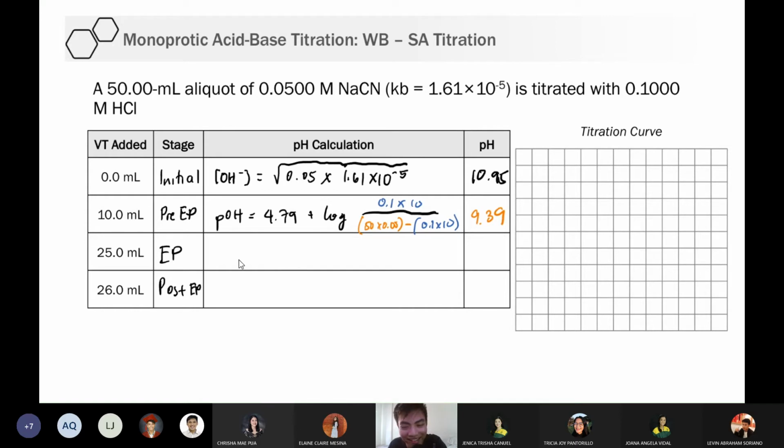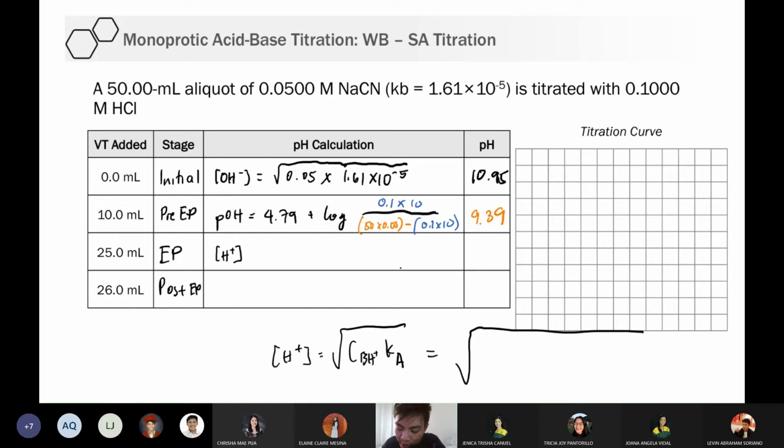Okay, so ano na ako? Equivalence point. So again, at equivalence point, ang present sa solution ay the conjugate acid and it reacts with water to produce the hydronium ion. So what we can get is the H+. So this is the equation: square root of C conjugate acid times the Ka.